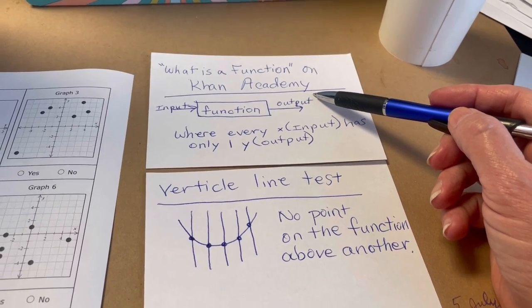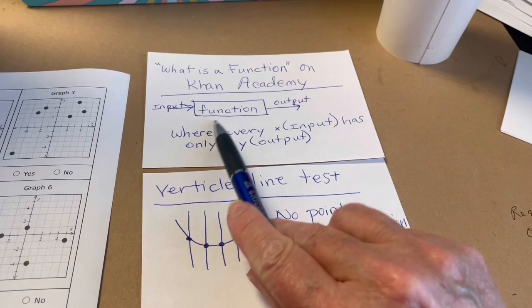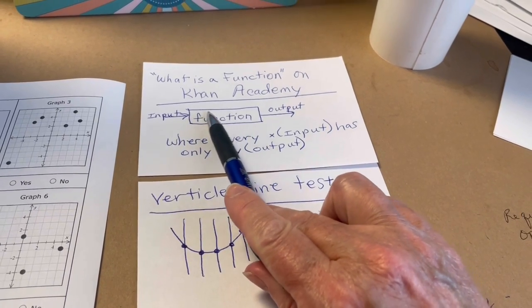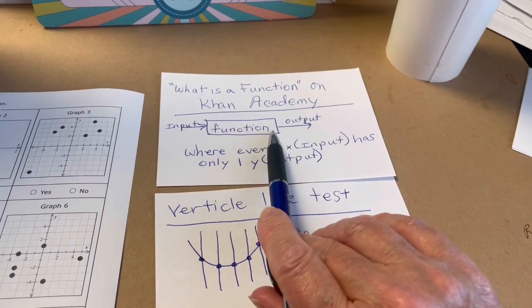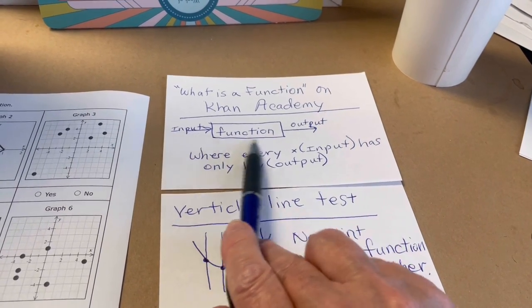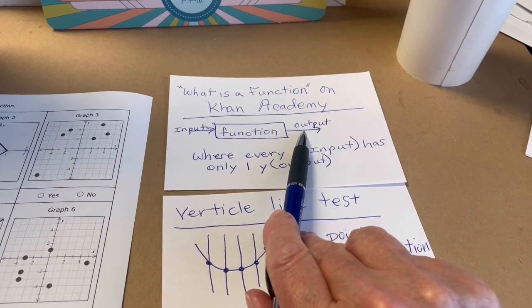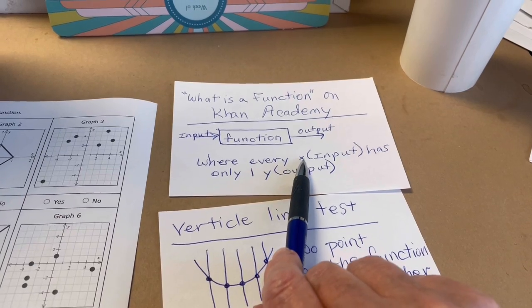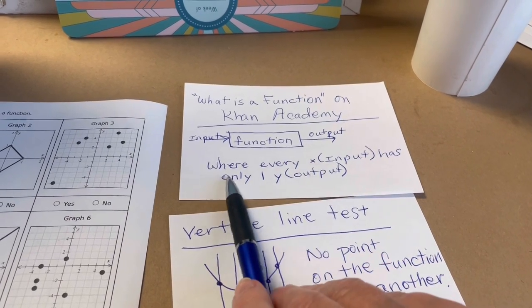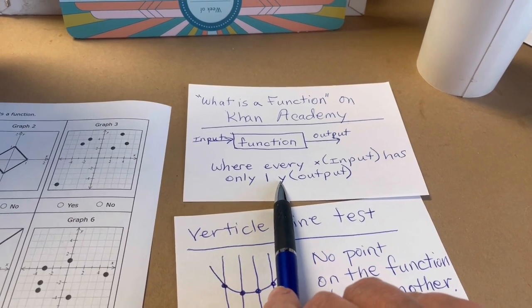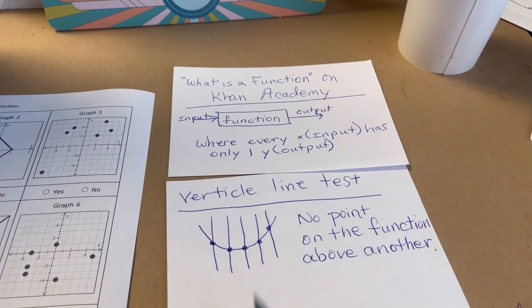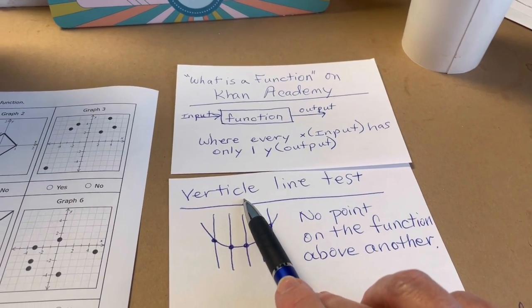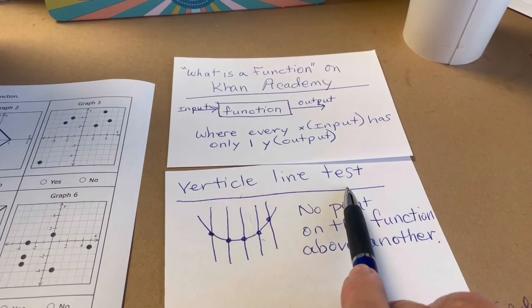But we can say briefly that a function is some expression or equation that has an input and an output where every x, which is the input, has only one y, which is the output. So every x can have only one y. That means that a function will pass the vertical line test.